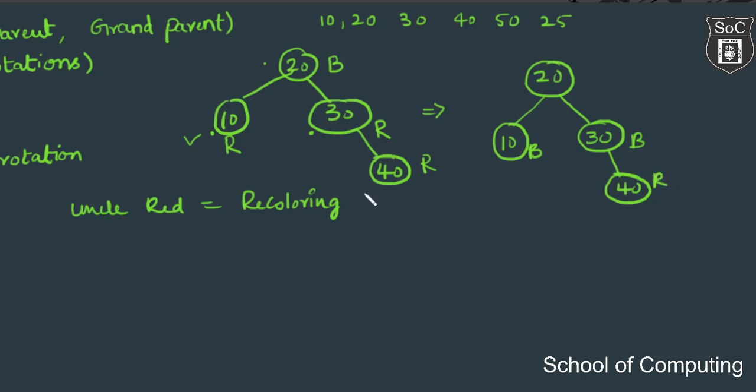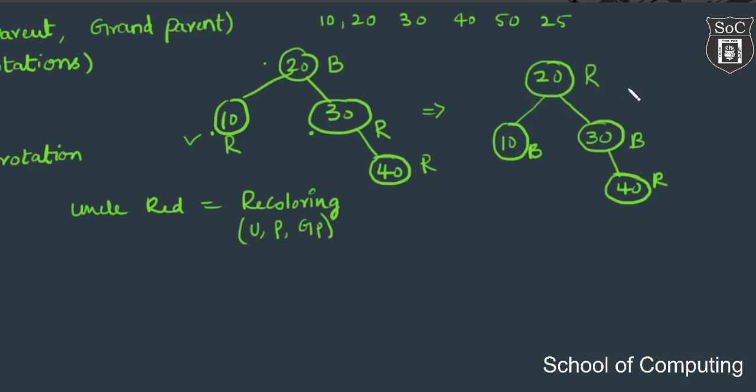As per recoloring rule, uncle, parent, and grandparent. Uncle 10 was red, I made it black. Parent 30 was red, I made it black. And grandparent, who is grandparent of 40? 20 is the grandparent. Grandparent 20 was black, I'll make it red.